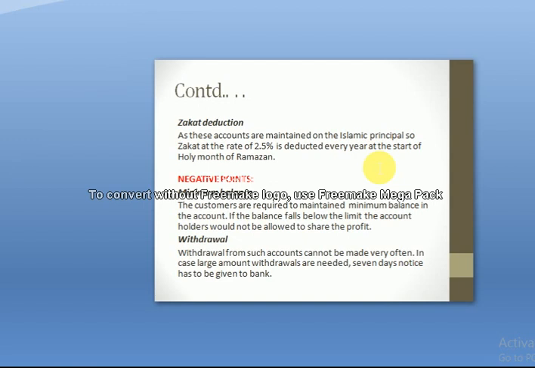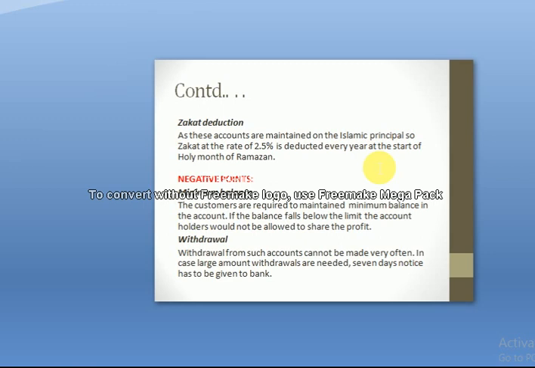The negative points of this account are minimum balance and drawings. The account holder must maintain a minimum balance. It means that this is not a zero balance account. Like, when I open the account, I sign an agreement with the bank that I should maintain 2 lakh as a minimum limit.